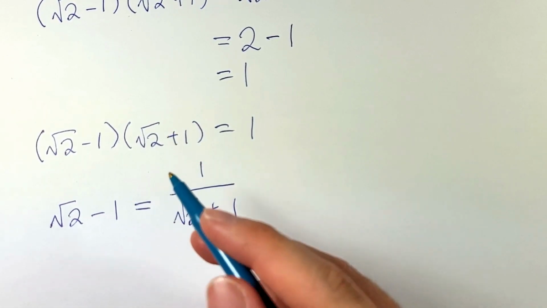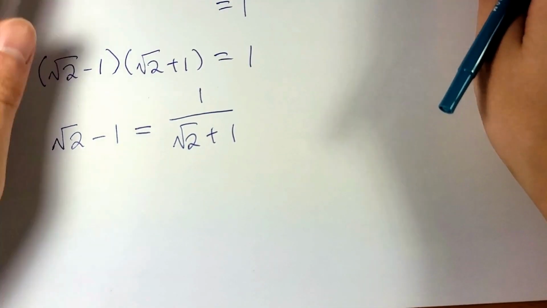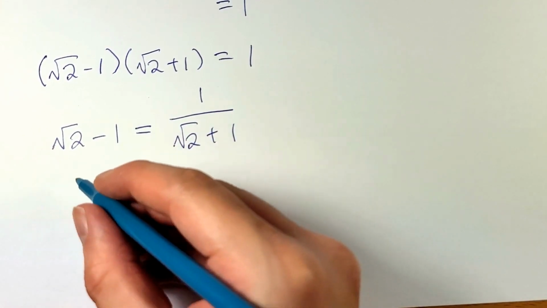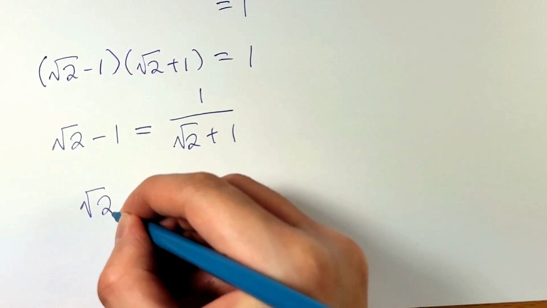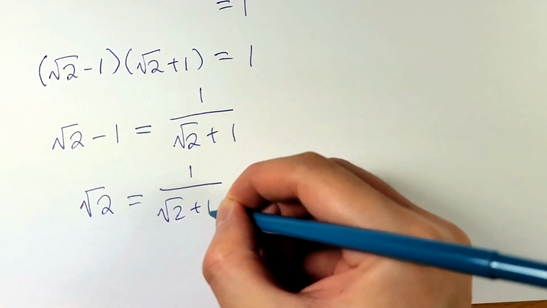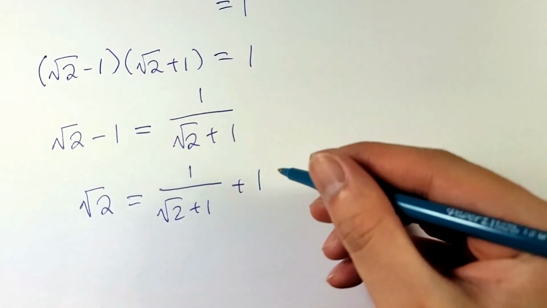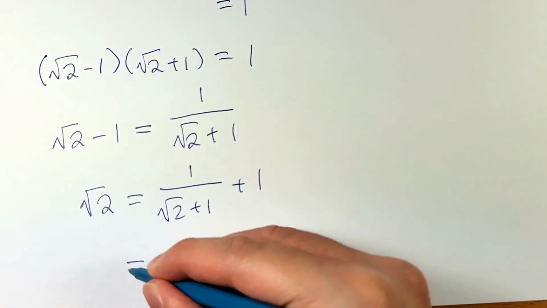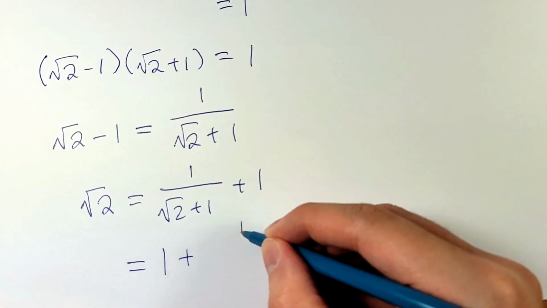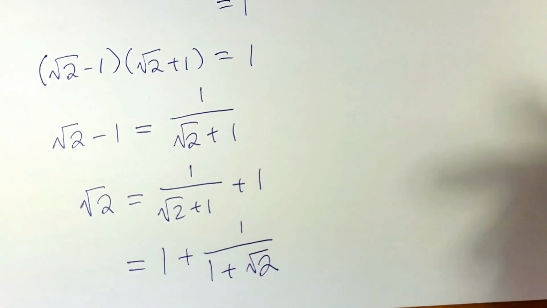Next, I'm going to add 1 to both sides of this equation here. So what I get here is root 2 equals 1 over root 2 plus 1, plus 1. I can rewrite this somewhat. So I get 1 plus 1 over 1 plus root 2.